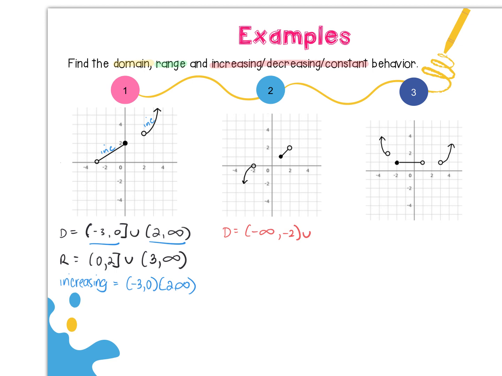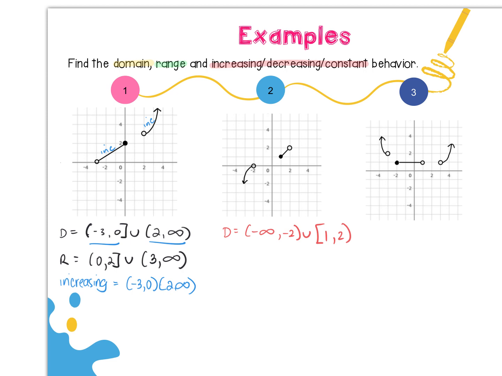And then my x's stop again here at 2. So my last x is 2, and it's an open circle, so it's a parenthesis. So my domain is going to be -infinity to -2, and then union, and then 1 to 2. Okay?